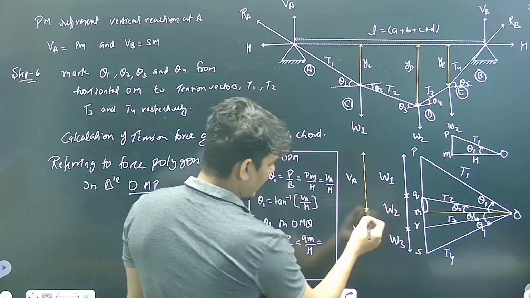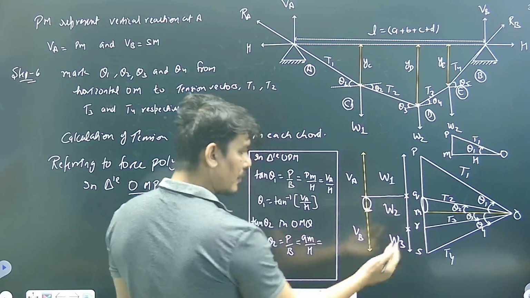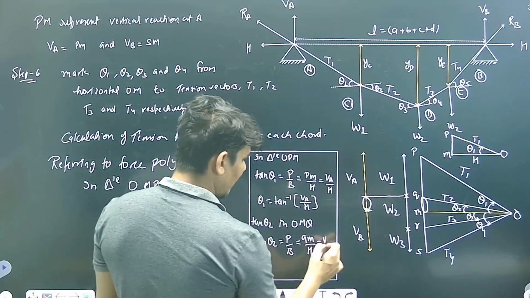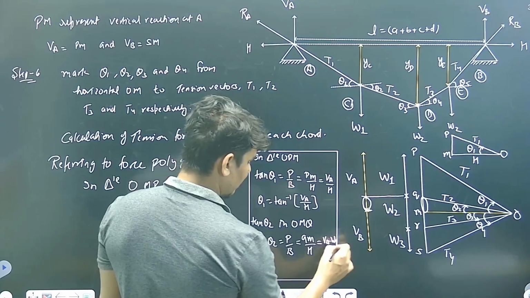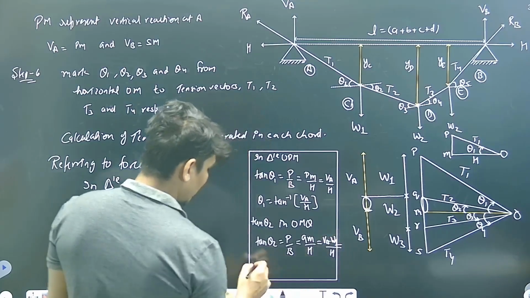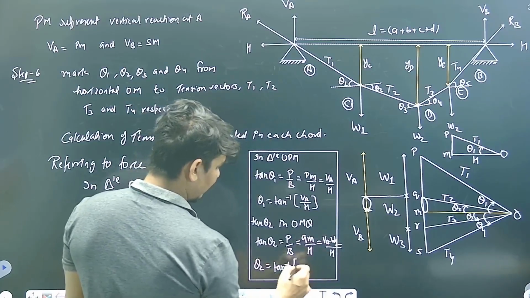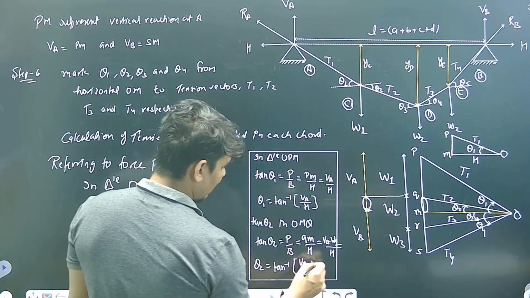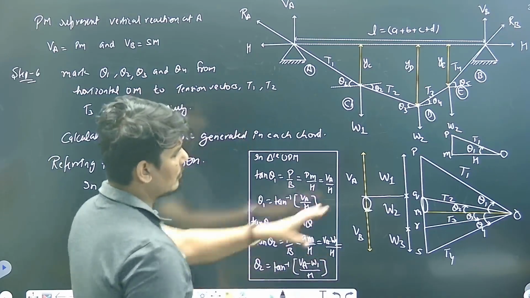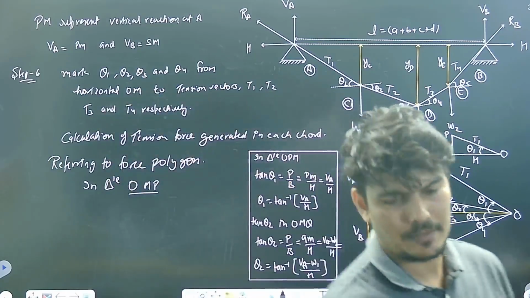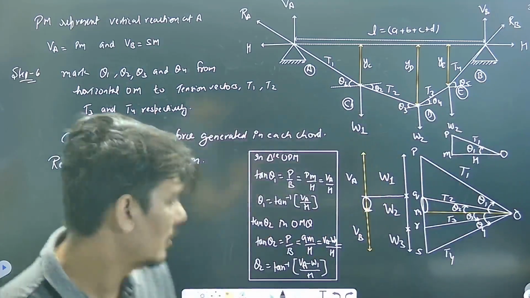QM को देखिए आप, अगर VA में से आप W1 minus कर दें तो what is left, it's QM. तो ये हो जाएगा (VA minus W1) by horizontal thrust, तो theta 2 कैसे निकल जाएगा, tan inverse of (VA minus W1) divided by horizontal thrust. So just by simple trigonometry you can easily find out theta 1, theta 2, theta 3, theta 4, right?